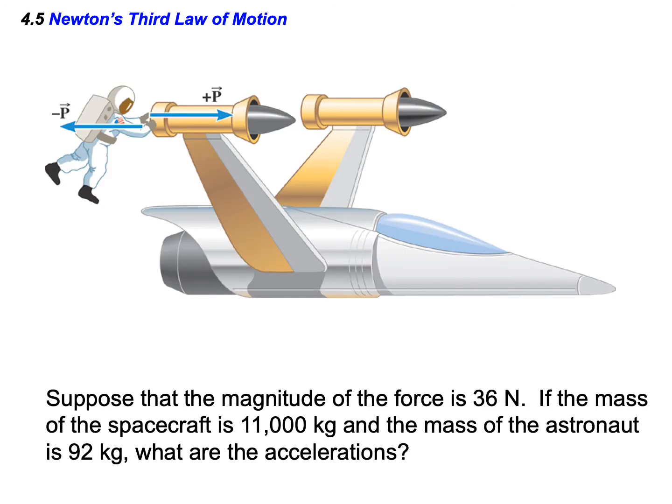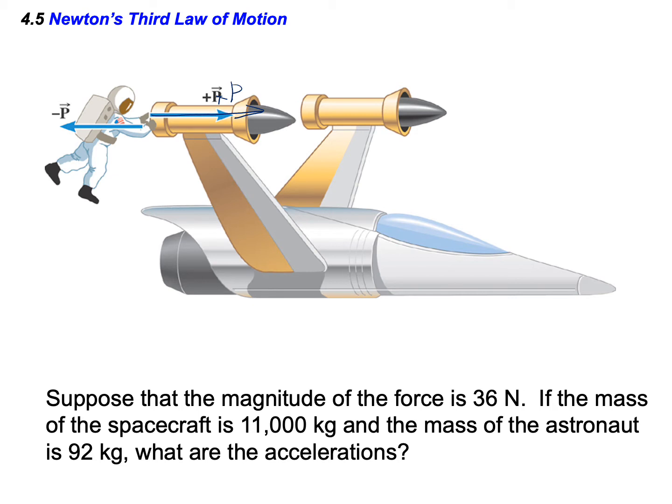So in this example, an astronaut is applying a force onto this spacecraft, and that force is to your right, and this force P is a positive value. And because, according to Newton's third law, the spacecraft is also applying a force on the astronaut, in the opposite direction, therefore negative P.